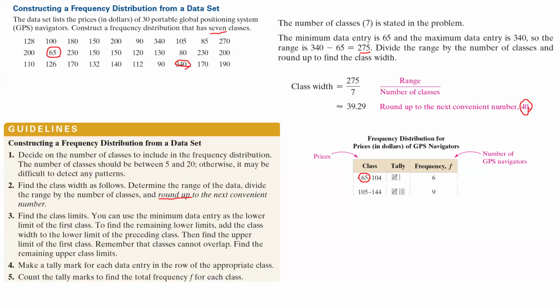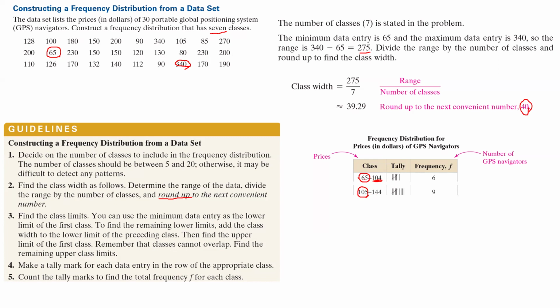For the second class, 65 plus 40 gives you 105. So since the lower limit of the second class is 105, the first class stops at 104. So there is no gap between these two bins or classes.